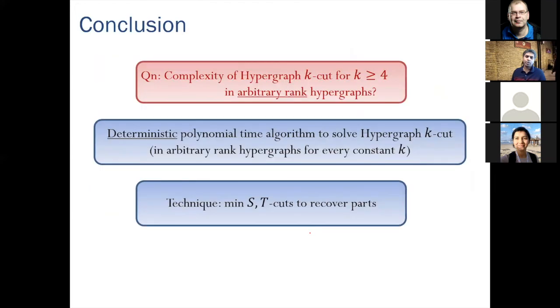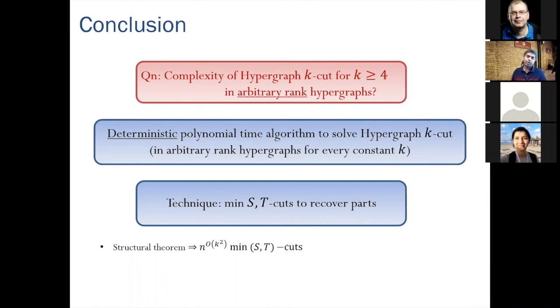Let me wrap up. We already saw how to use the structural theorem to design a deterministic polynomial time algorithm for hypergraph K-cut. Our main contribution is the structural theorem showing that min ST cuts can be used to recover the parts of an optimum K partition. And we use the structural theorem to get a deterministic polynomial time algorithm for hypergraph K-cut.